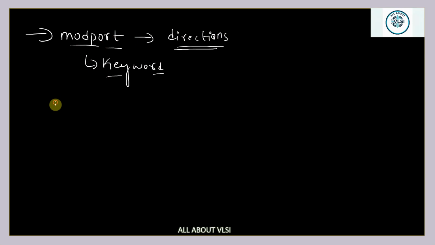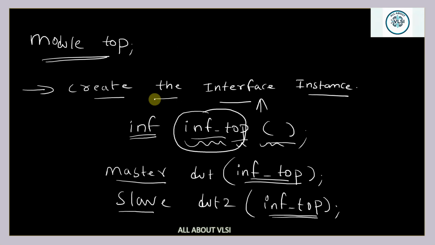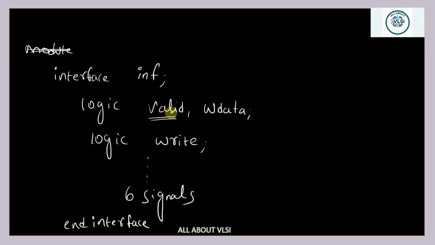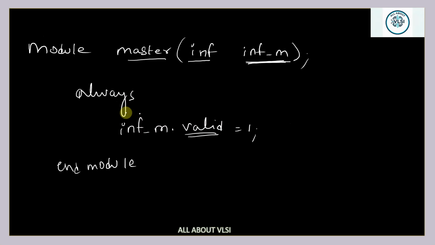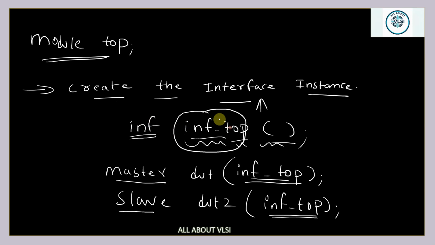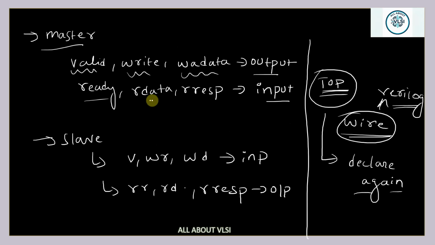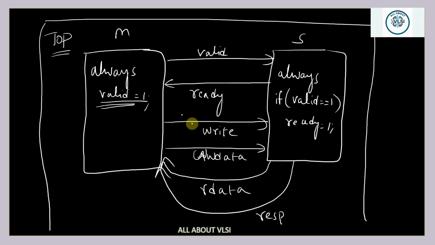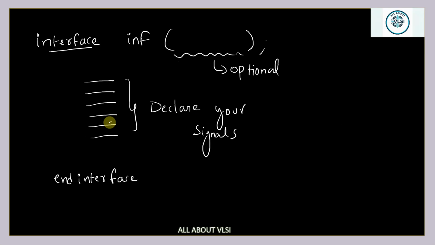I'm going to write the interface for the previous example which we used in our previous session. Interface INF is my interface name. Let me declare all the signals: logic valid, W data signal, ready signal, write signal, R data signal.